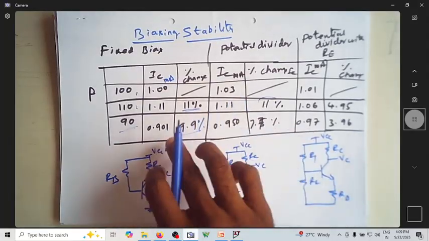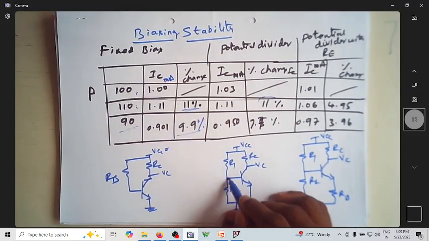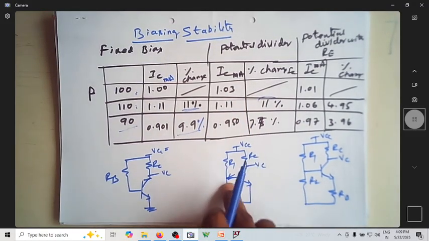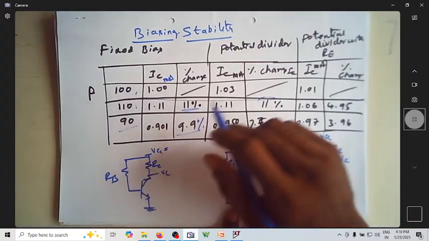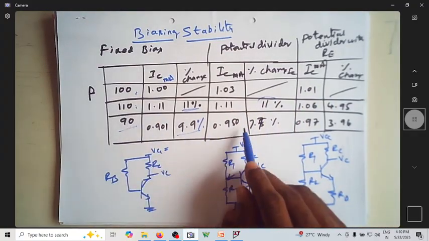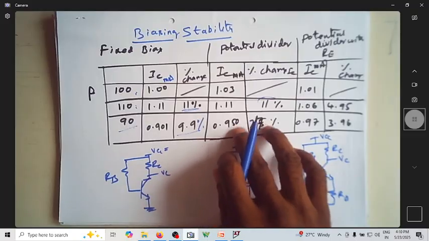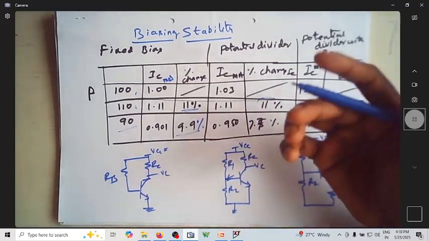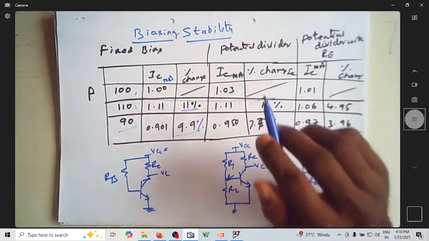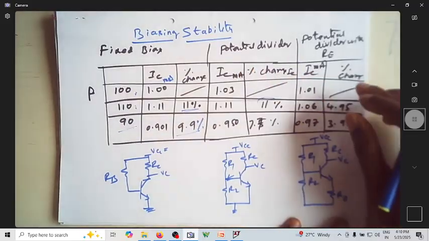The improvement of this potential divider circuit is that you have a specific voltage, not a floating voltage. You have a potential voltage exactly here, but here it will be a floating one. When beta reduced to 90, there is a reduction of 7.7%. Again, this is not appreciable stability in terms of change in IC. So IC changes along with your beta.